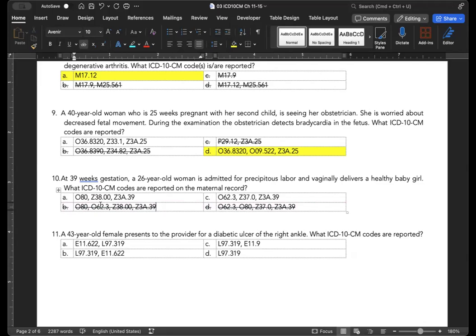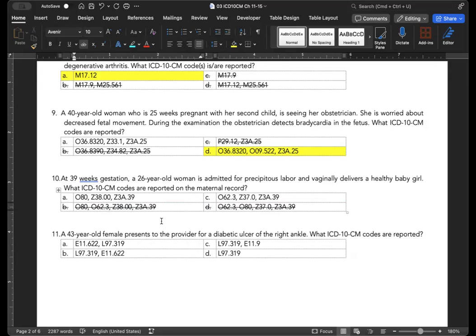So no other chapter 15 codes. So we can rule out B and D. And then we can look and say, do we need O62.3? Or even if we think it's O80, we can go confirm Z38.00 or Z37.0.